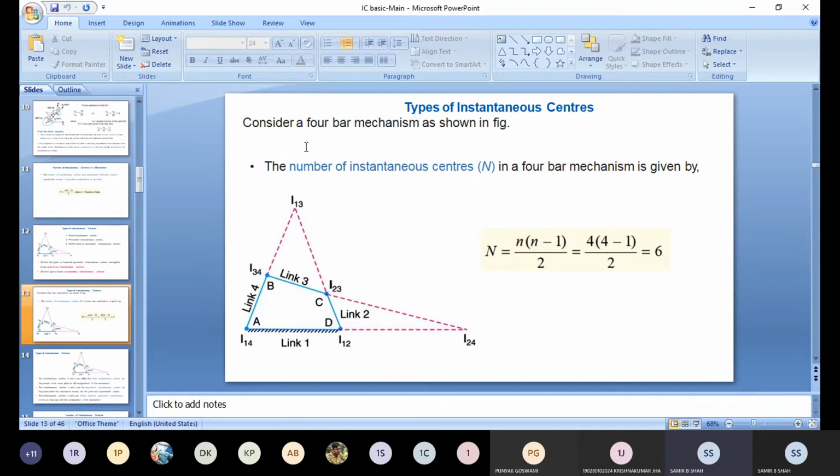As we already discussed, this is one figure, and we have to find N, the number of I centers. If we have 4 links, we get 6 I centers by this method. Instantaneous center, in short, I can say I center. So you probably understand that I center, IC method, and instantaneous center method are the same.